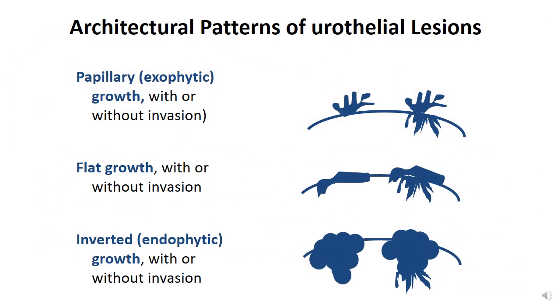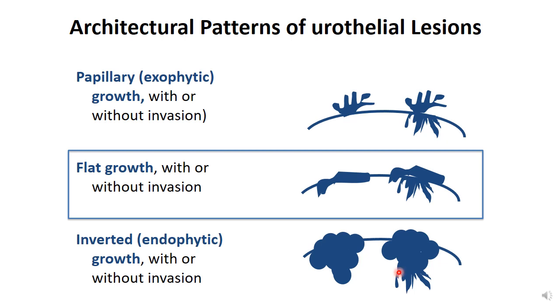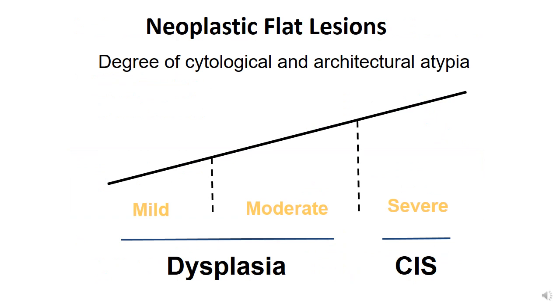So next is a flat growth. Again, it can be non-invasive or it can be invasive. So neoplastic flat lesions are classified based on the degree of cytological and architectural atypia, and the two common lesions within this spectrum are dysplasia and CIS.